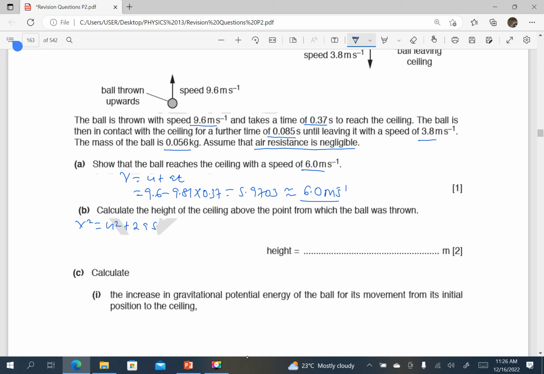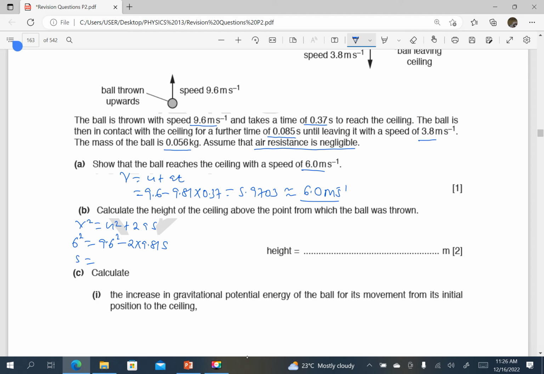It reaches the ceiling with a speed of 6, so 6 squared is equal to initial velocity 9.6 squared minus, because it's going upwards, 2 times 9.81 times the displacement s, which is the height.